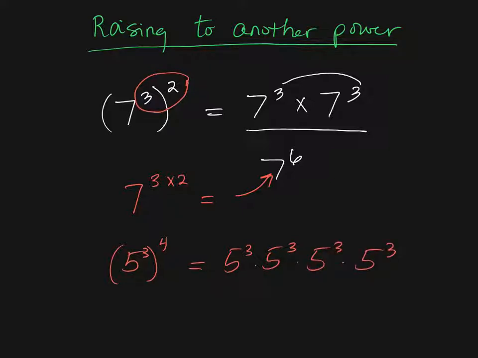And it would be 3 plus 3 plus 3 plus 3, which is 5 to the 12th. So basically all you're doing is 5 to the 3 times 4. So the new exponent is the product of the two. Okay?